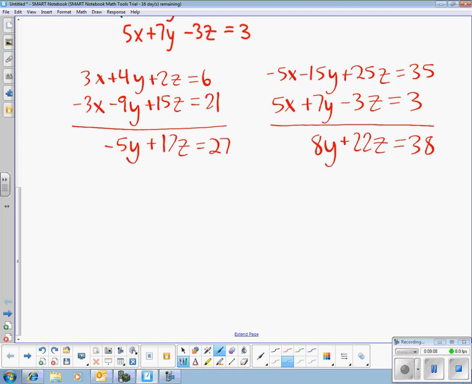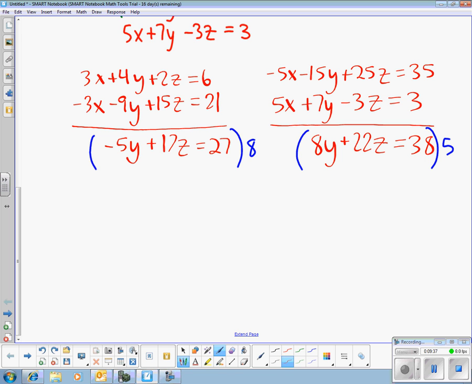I need to get these 2 equations into a place where I can add them together and eliminate either the y or the z. It looks like my most convenient option is to take this equation and multiply it by 8, this equation and multiply it by 5, and get rid of these y's. Once you get rid of one altogether and solve for one of your unknowns, it's going to be a quick process to get the other 2.